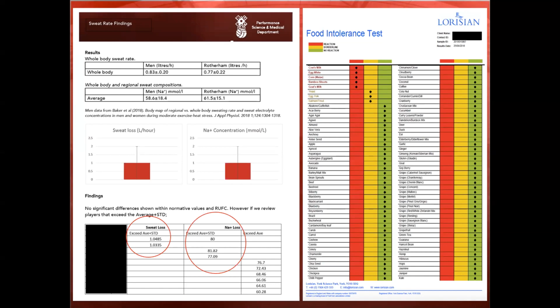So obviously, this can affect things like dehydration, cramping, etc. So this allows us to educate these players and advise various hydration strategies, such as electrolyte mixtures and, more importantly, when best to take them.